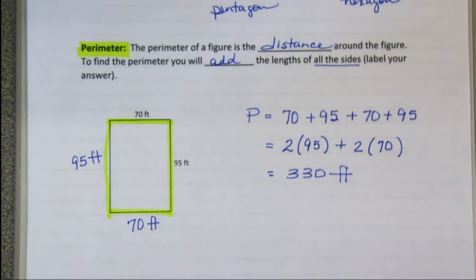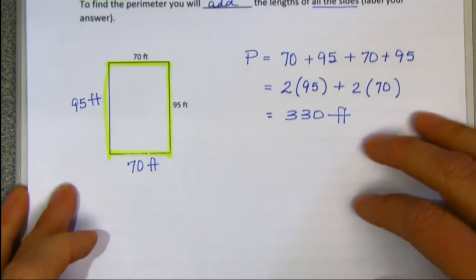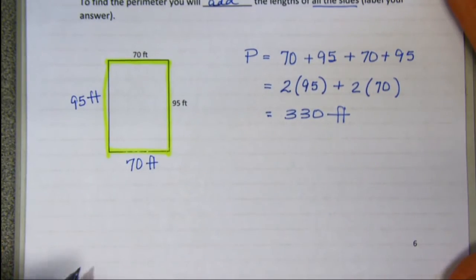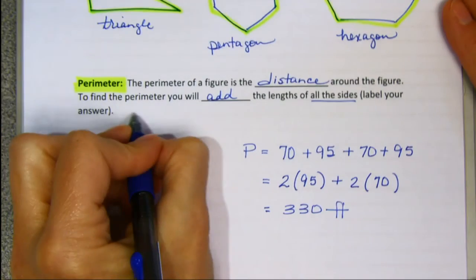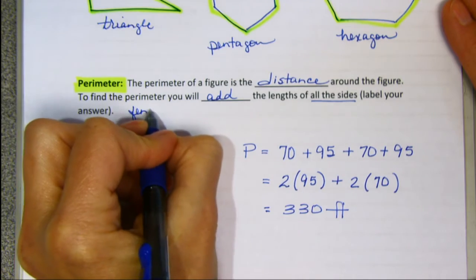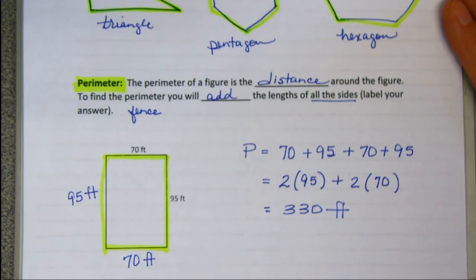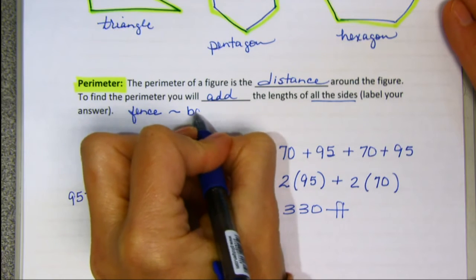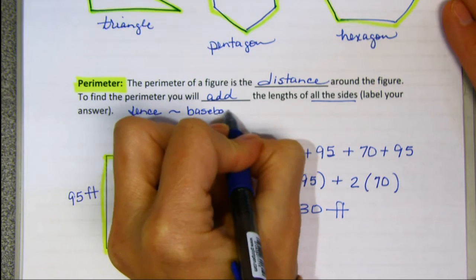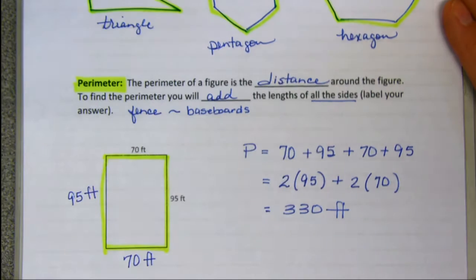Now, where is perimeter used in real life? All right, so I'll come up here and write it. This would be if you were going to fence in your backyard. You would need to know the perimeter. If you were going to install baseboards in a room in your house. Baseboards is what goes along the bottom of the wall near the floor.